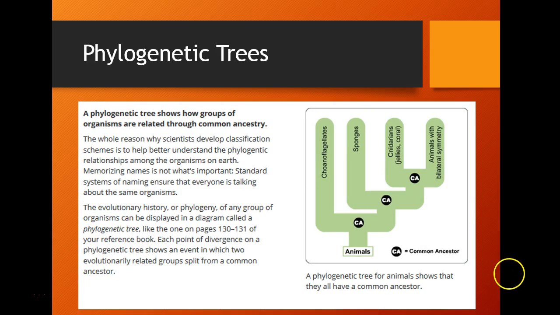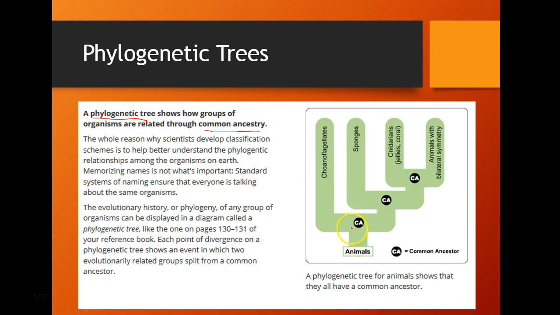One way that scientists organize all of this information is in phylogenetic trees, and these phylogenetic trees really help us see how animals or organisms in general have evolved through looking at their common ancestors.